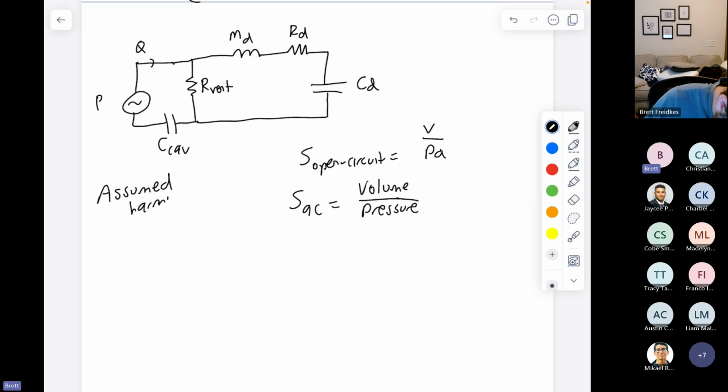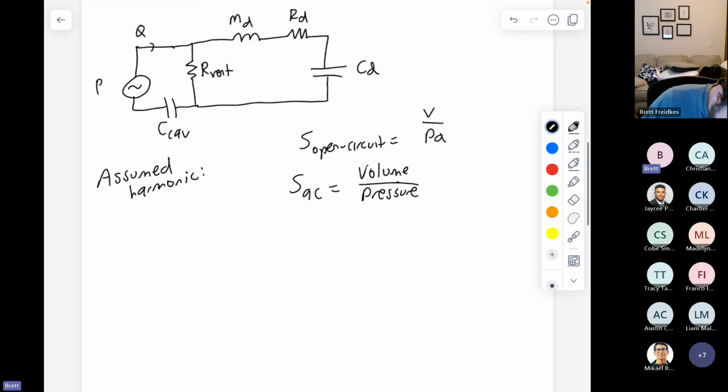Everything was harmonic, meaning that we can express it like, we'll say that the volume is some initial volume e to the j omega t. That's what we mean when we say it's harmonic. It's sinusoidal in nature. And we would typically write this as some constant times the imaginary part of e to the j omega t, but I'm just dropping the imaginary.